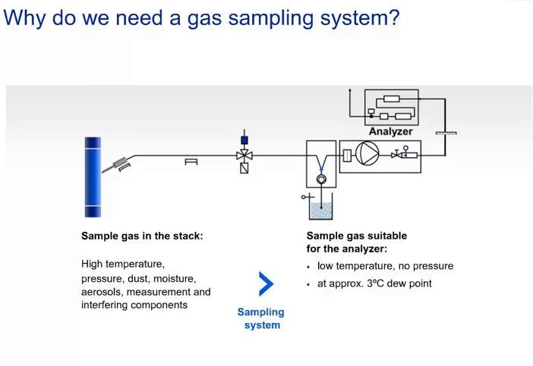Dry means dew point less than 3 degrees C. Clean means no dust, no aerosols. In the sampling system, dust, moisture, and aerosols are removed, and in some cases, the interfering components are removed as well. Please understand, in our sampling system, we change the gas composition by removing the moisture.